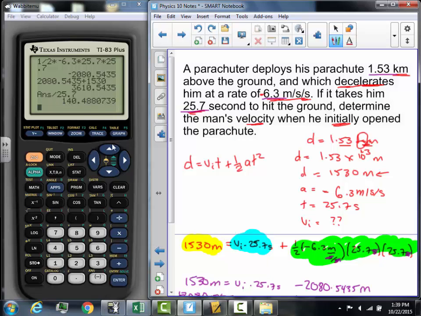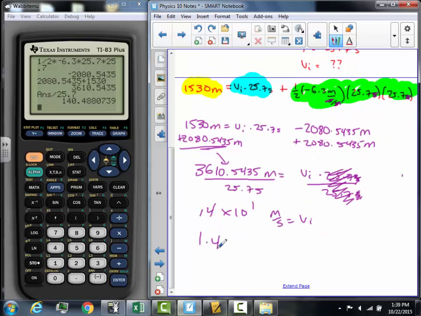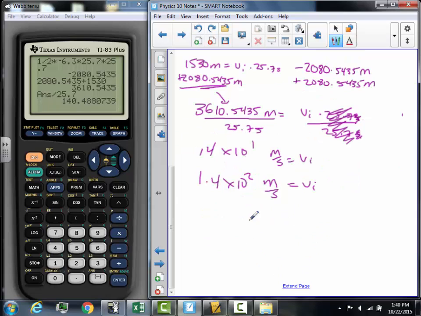So this number here, 140, 14, we're going to have to write it as 14 times 10 to the 1, or 1.4 times 10 to the 2 meters per second. Either of those would work. How do we change that? If I wrote it out, 140.488, and in terms of digits, I get 2. So I'd keep the 1.